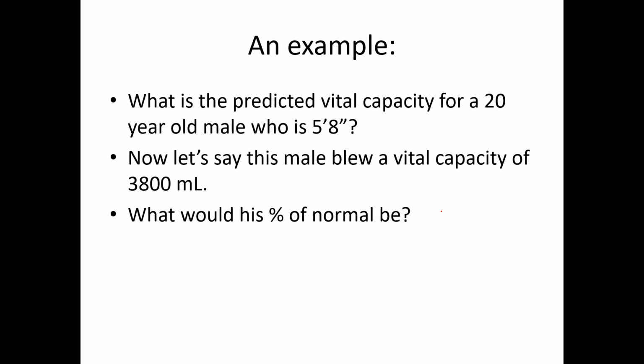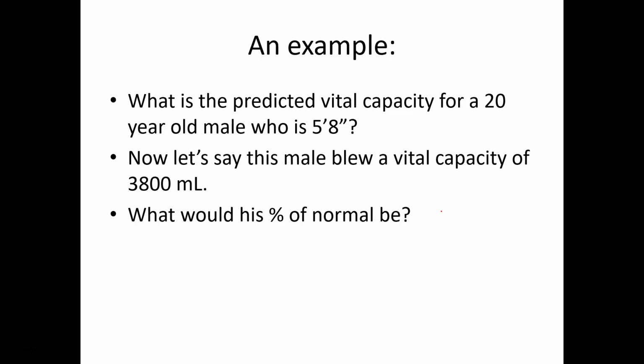In order to answer this question, you have to know that 5'8" is 68 inches. So you're going to go along the left-hand side and find 68 on the graph. Then across the top, you have different ages. Find 20 and then take that down to that 68 inches and you'll see that a 20-year-old 5'8" man has a predicted vital capacity of 4,385.